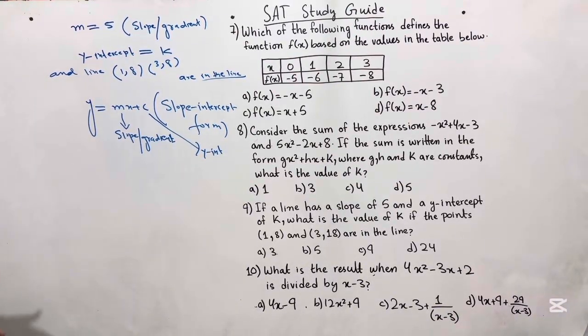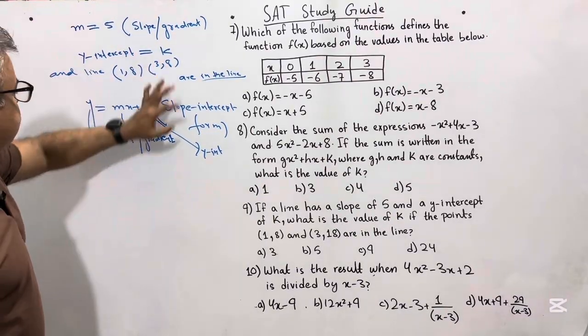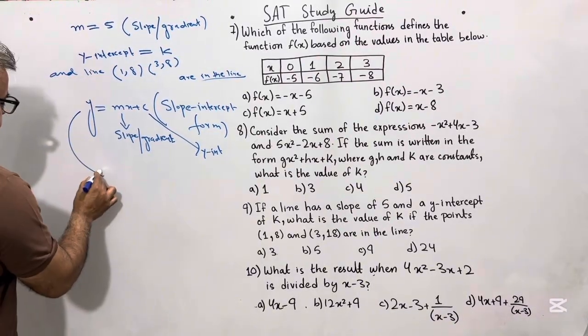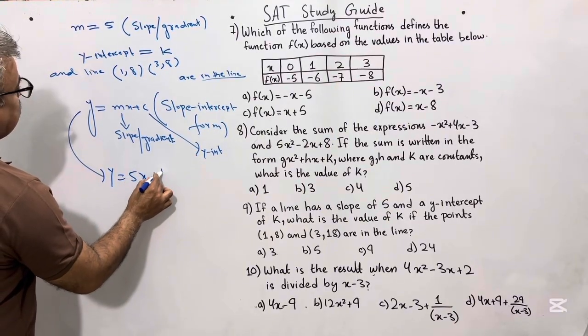Plug in the values. We have the gradient m equal to 5 and the y-intercept equal to k. So y is equal to 5x plus k.